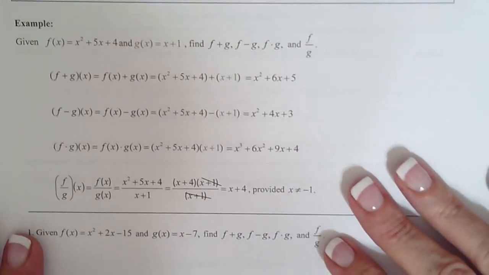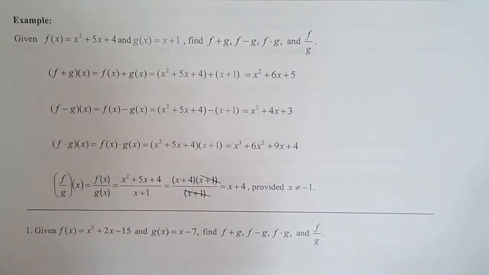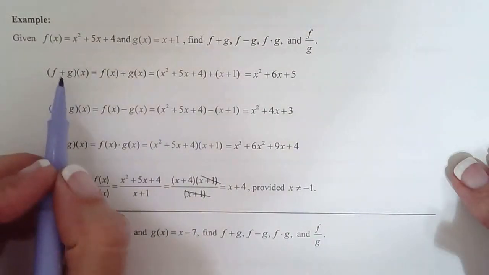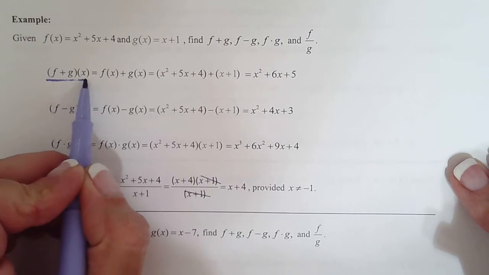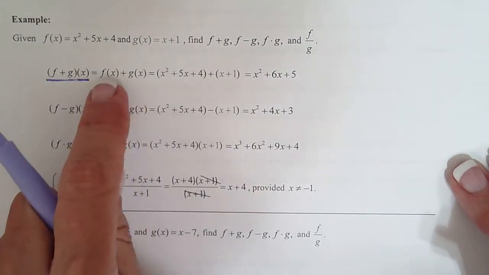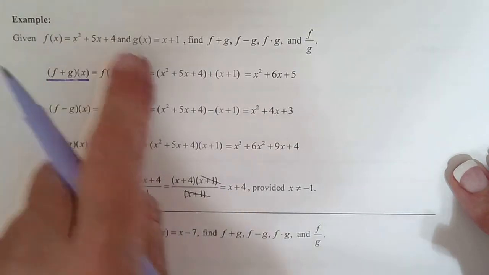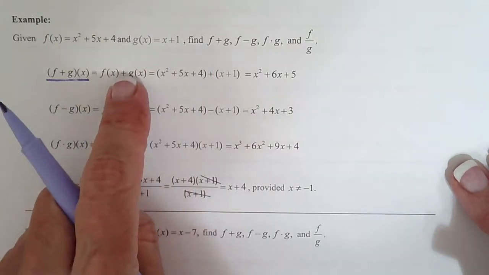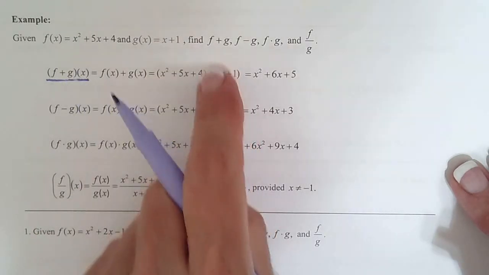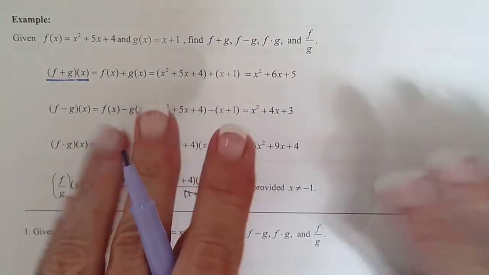So let's practice on some of these. This is a nice little example just to give you an idea of the 4 different operations. Like I said, the first thing I do when I see this is I rewrite it like this, because that makes sense to me. Pull down function f of x, put a plus sign, and then pull down function g of x, and they both have to be in parentheses because they're 2 separate.